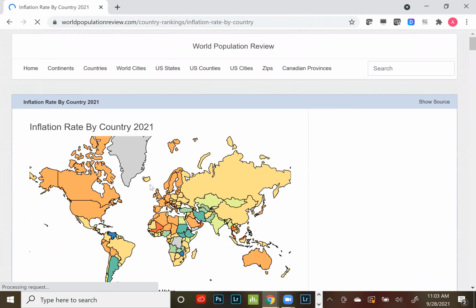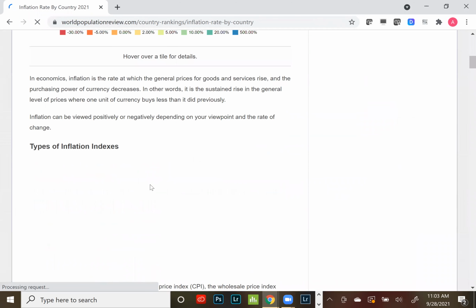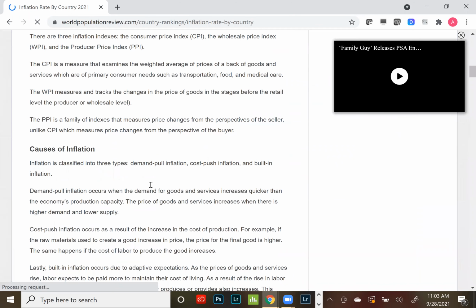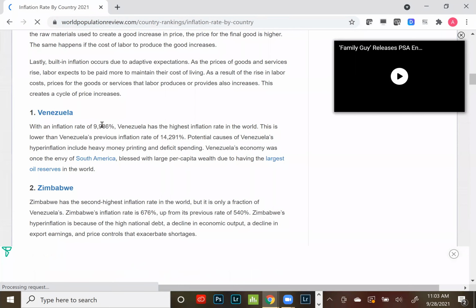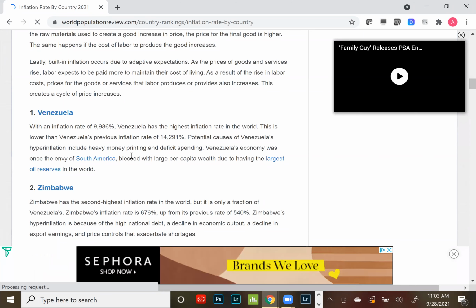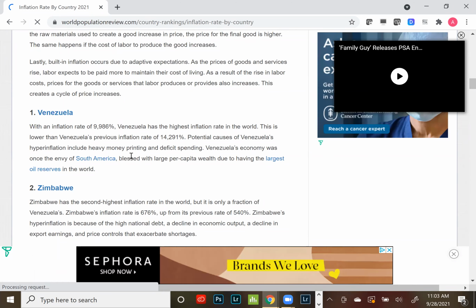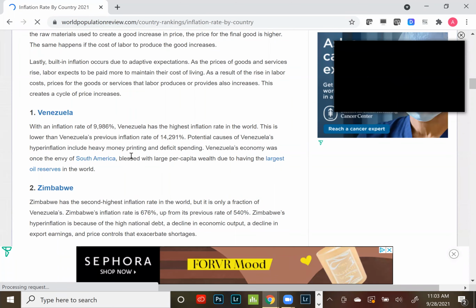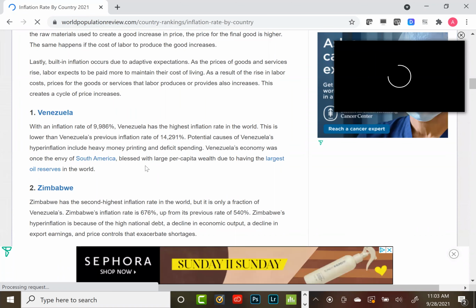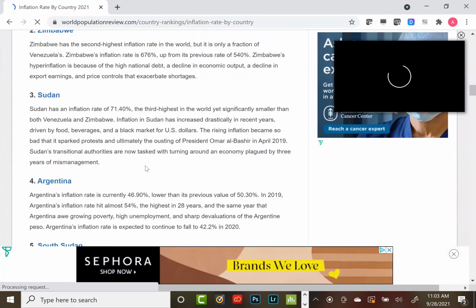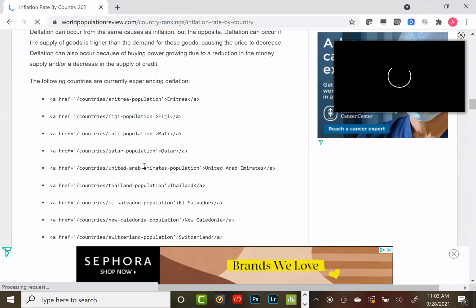Let's see if we can find, oh boy. Well, inflation in Venezuela is pushing 10,000%, but their economy has completely collapsed in the last few years. They're in the middle of a severe crisis. So no, oh, here we go.